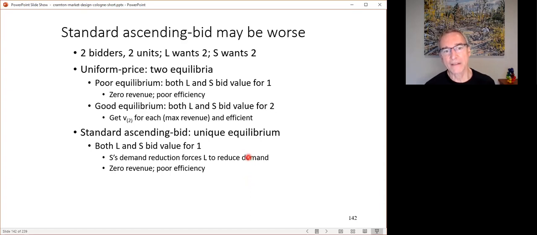This also illustrates that when you have limited competition and you have this dynamic process, the dynamic process can actually facilitate the low revenue equilibrium. By revealing information about excess demand, it may make it easier for the parties to exercise market power.